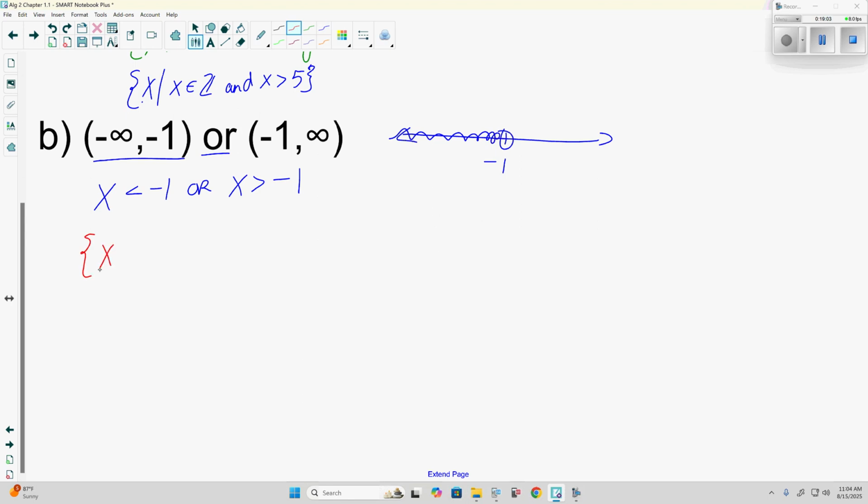Brace, x. Did it tell us what our number types were this time? No, it didn't tell us directly, but it did tell us. Because we're talking about an interval, yes? So we're talking about all the numbers less than negative 1, which are our integers, our rational numbers, our irrational numbers. We're talking about all the numbers on that line, yes?